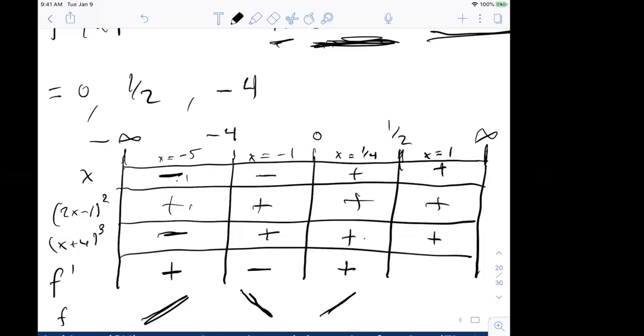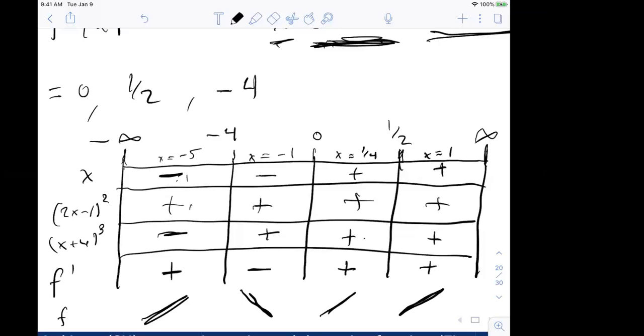So in this column, we also get positive times positive times positive is positive. So never assume that if you have a critical number, f changes from increasing to decreasing or decreasing to increasing there. You always have to make this table, okay? Because there could be some sort of trick happening.